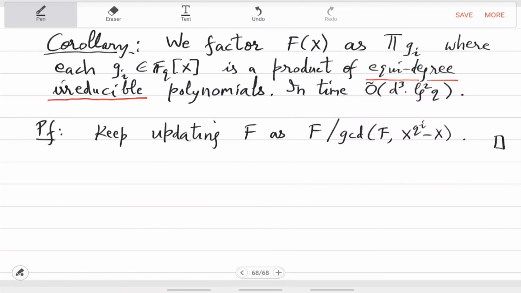Whatever GCD you compute, you remove it from big F. Yeah, there is this multiplicity issue, so because of that, you continue with the same i. In this case, you should go up to d.